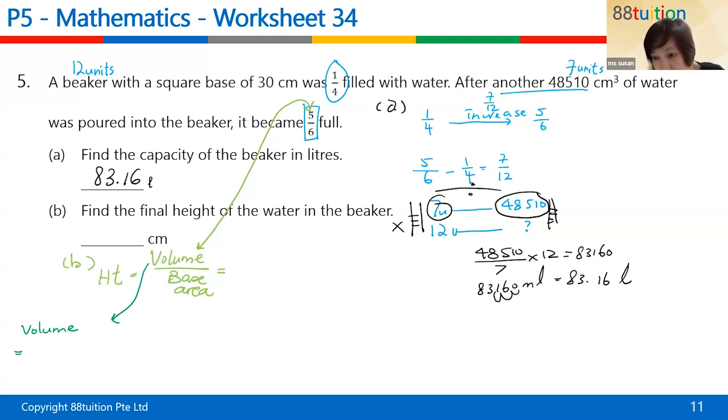I must find my 10 units. So again, I will have 48,510 divided by 7 times 10. And that will give me 69,300.